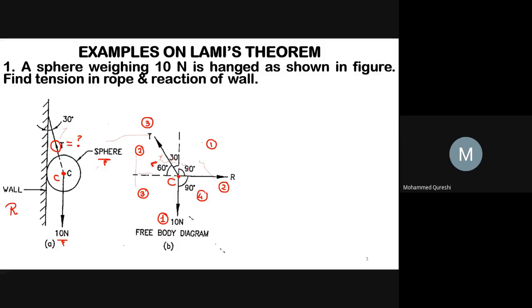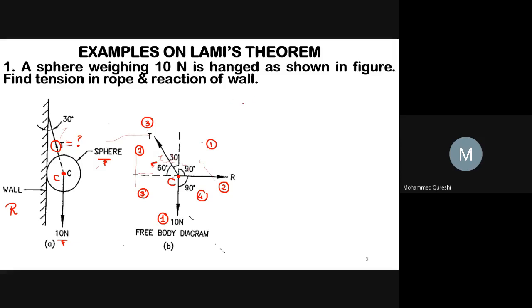Now we have to apply the Lami's theorem. As the Lami's theorem itself states, if three coplanar forces, here the three coplanar forces are 10 Newton, R and T, then each force is proportional to the sine of the angle between the other two.